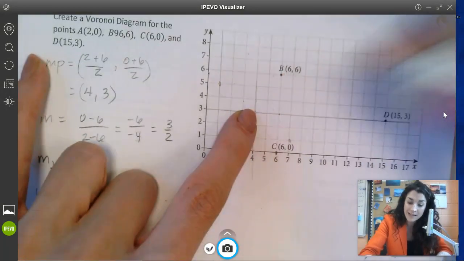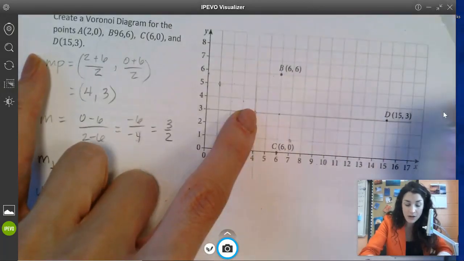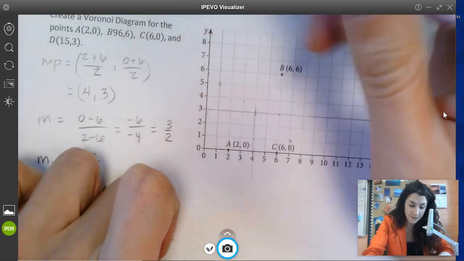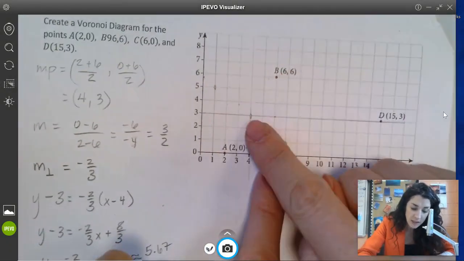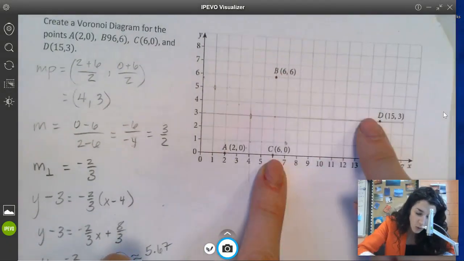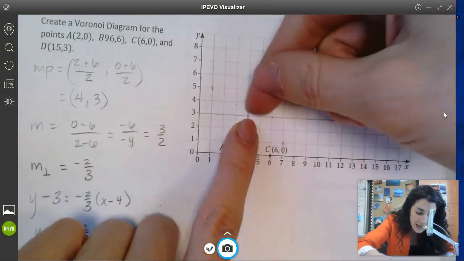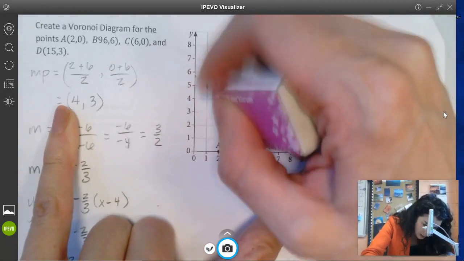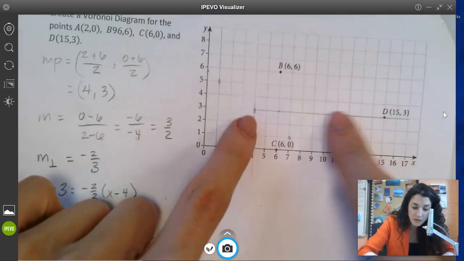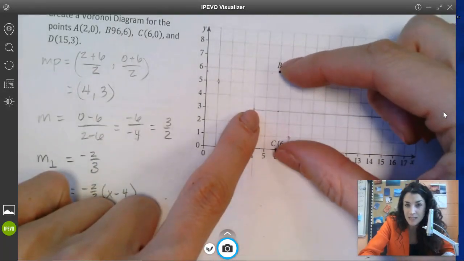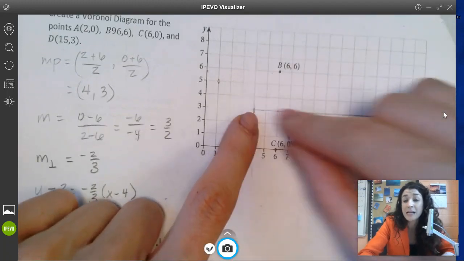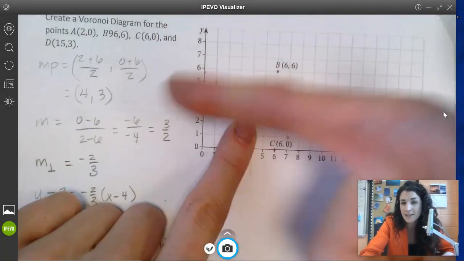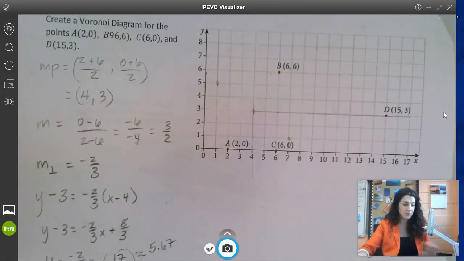So that's the one last thing that you have to do when you're making your Voronoi diagrams: decide what part of this line is extra. So if BC is the perpendicular bisector, once we hit the point of concurrency, anything after that is no longer needed. So make sure the perpendicular bisector only discusses B and C. It doesn't go past that and try to split up something else.